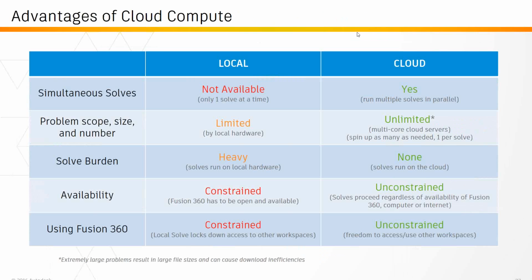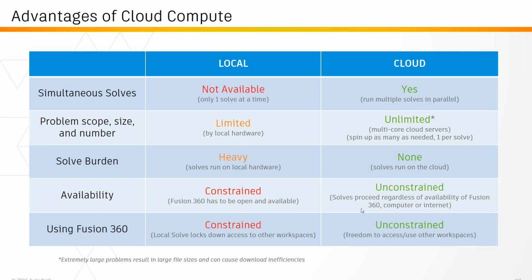Okay, so just sort of comparing the cloud versus local. You can see with the cloud, you can do multiple solves. I see I'm kind of running low on time, so I'm going to speed through this. But basically you're unlimited as far as the hardware goes. And then again, you're not hogging your processors on your machine. You're taking advantage of the servers off in the cloud.